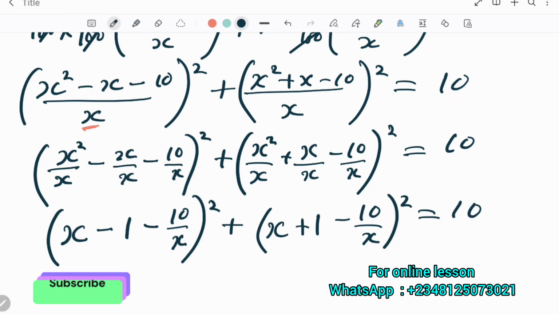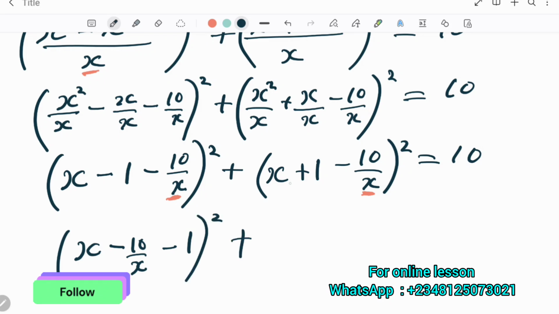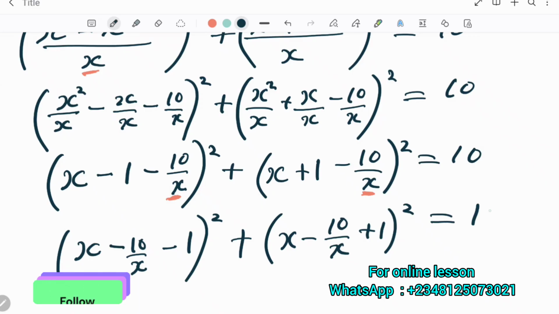Let us rearrange: we have minus 10 over x in both, so we bring this to become (x − 10/x) minus 1, and we square, then plus (x − 10/x) plus 1, all squared, equal to 10.